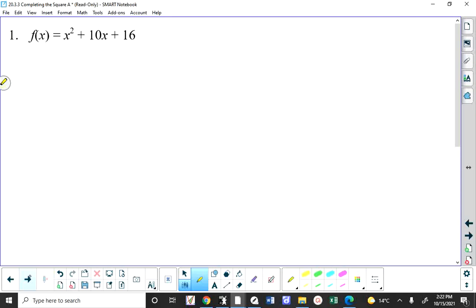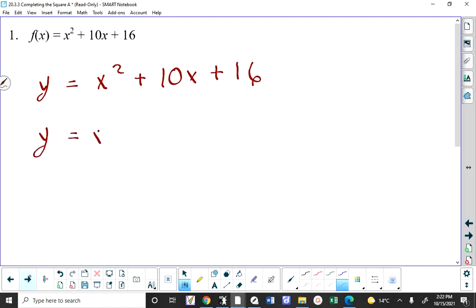Okay. So I'm going to rewrite this. Let's rewrite it as y equals, just because some people don't like that function notation. But now I'm going to rewrite it this way. I'm going to rewrite x squared plus 10x plus 16. I'm going to just ignore the 16. I'm going to file it away someplace.